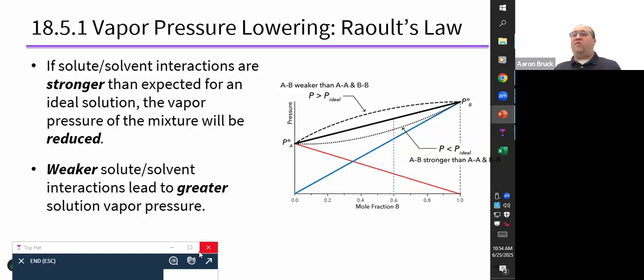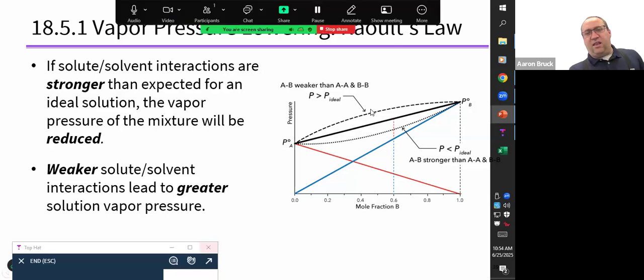And so when they don't behave ideally, what we'll see are some deviations from Raoult's law. And so these dashed lines here, where we see higher than expected vapor pressures, these are the results of weaker interactions.